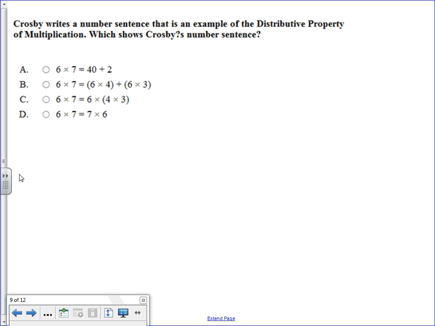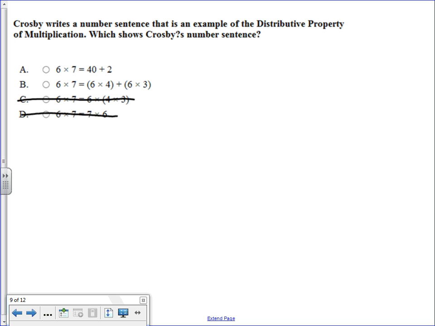Okay, so let's use process of elimination. We have multiple choice. Which choices use addition and multiplication? Joanna? A. Any other one? Richie says B. Okay, let's cross out C and D because they do not use addition.